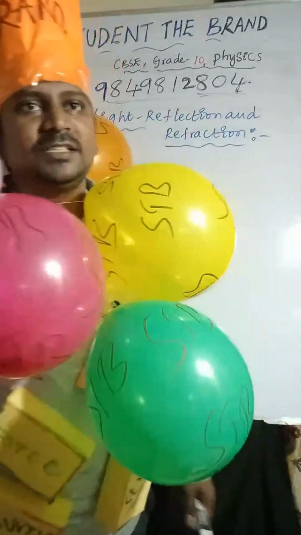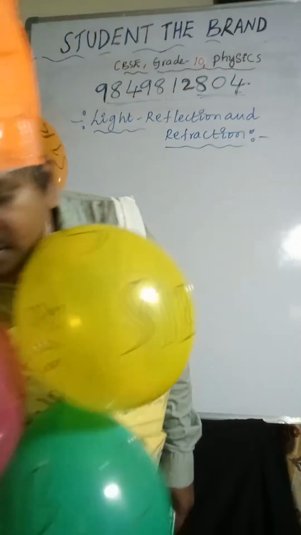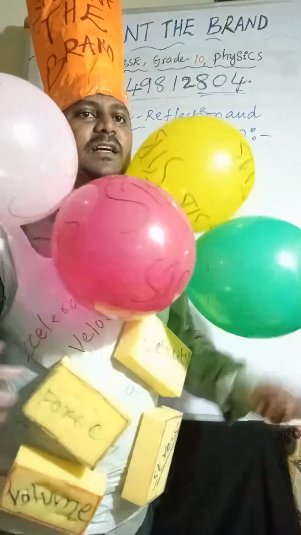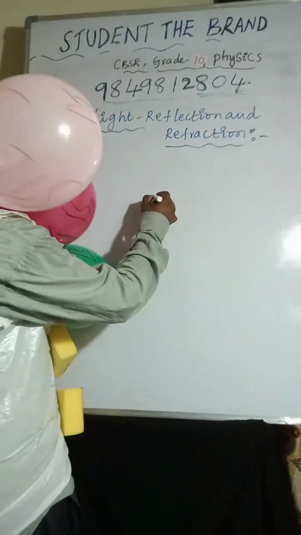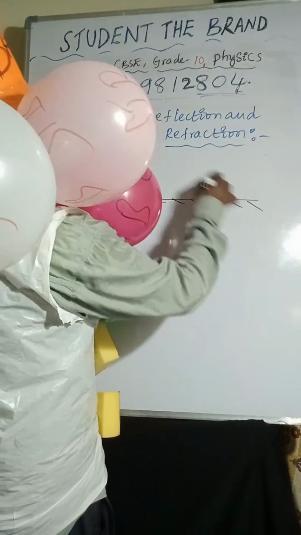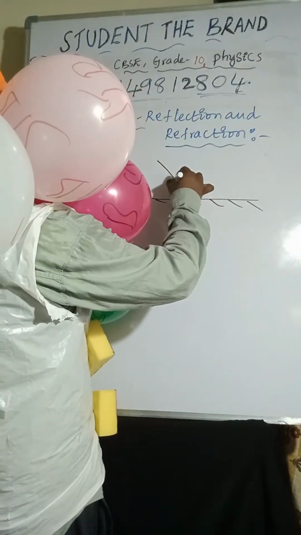Coming to regular reflection and irregular reflection. I'm taking the surface here. This is the plane surface, the reflecting surface. This is the incident ray.